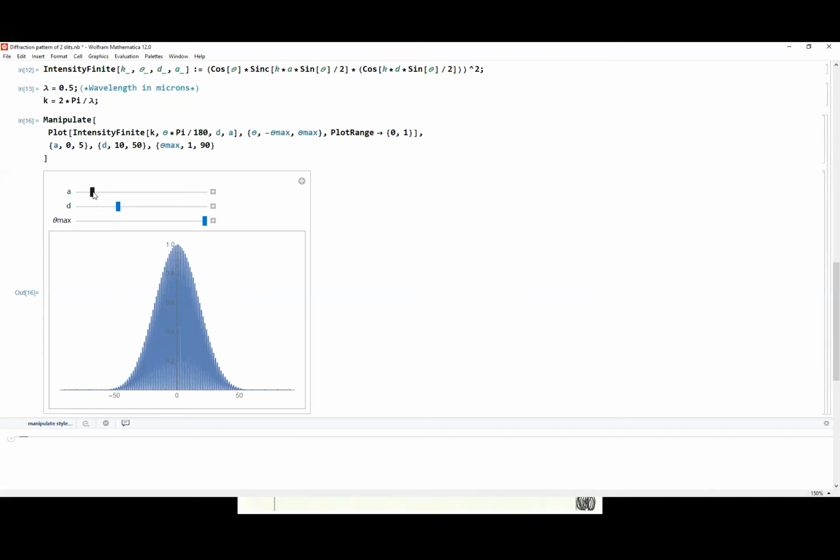See how as I play with the slit width, the overall peak gets narrower. And if I make the slits really wide, then I can see the center peak, the first peak, the middle one, one off to the side, two off to the sides, three off to the sides. And if we really squint at it, we could persuade ourselves that there's something more over here.